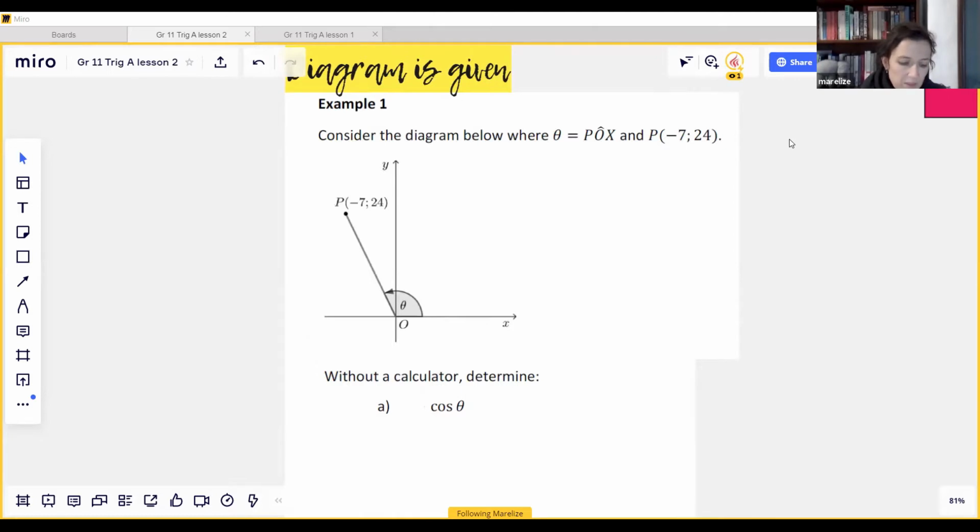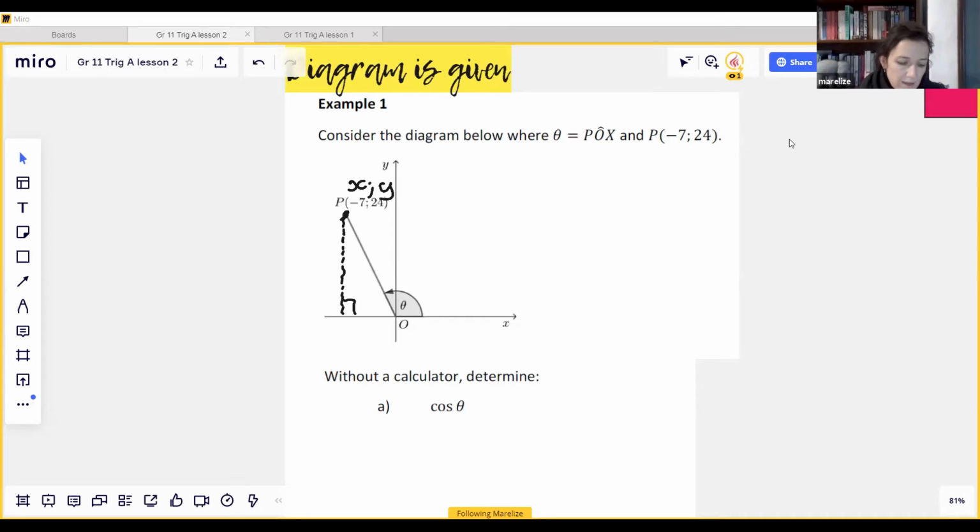Okay, so from this point P, we can drop down a perpendicular to the x-axis. And there we've created a little 90-degree triangle. This is my x and this is my y.